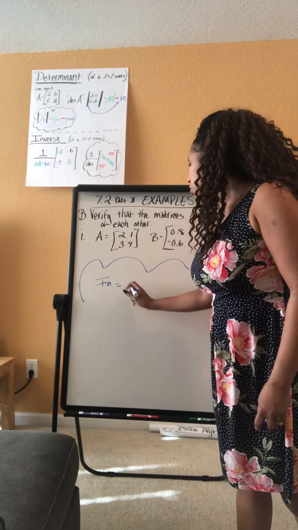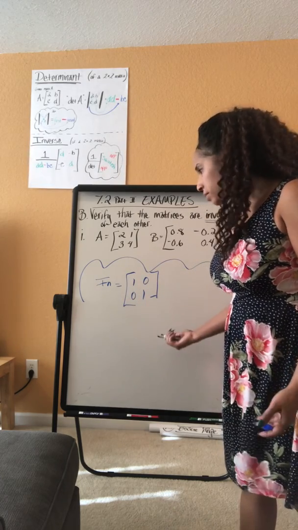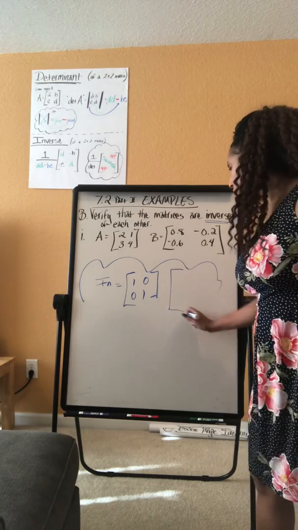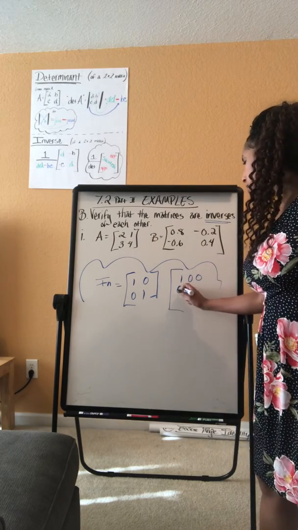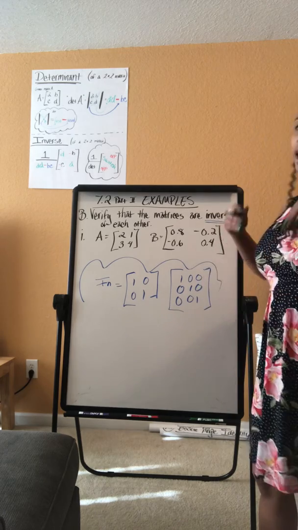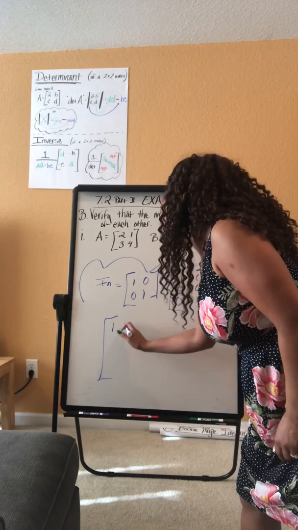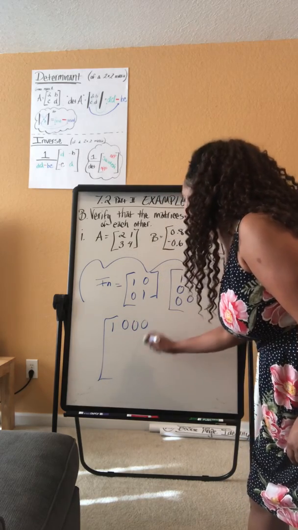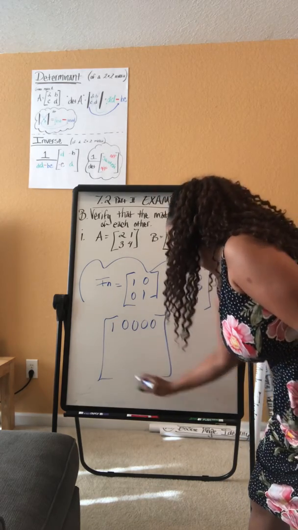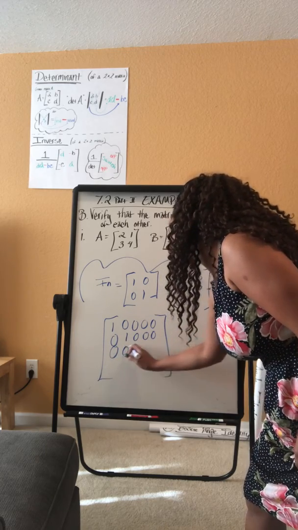So if I'm doing a 2 by 2, the identity matrix is just going to be 1, 0, 0, 1. If it were a 3 by 3, it'd be 1, 0, 0, 0, 1, 0, 0, 0, 1. If it were a 5 by 5, 1, 0, 0, 0, 0, 0, 1, 0, 0, 0, 0, 0, 1, and so on.